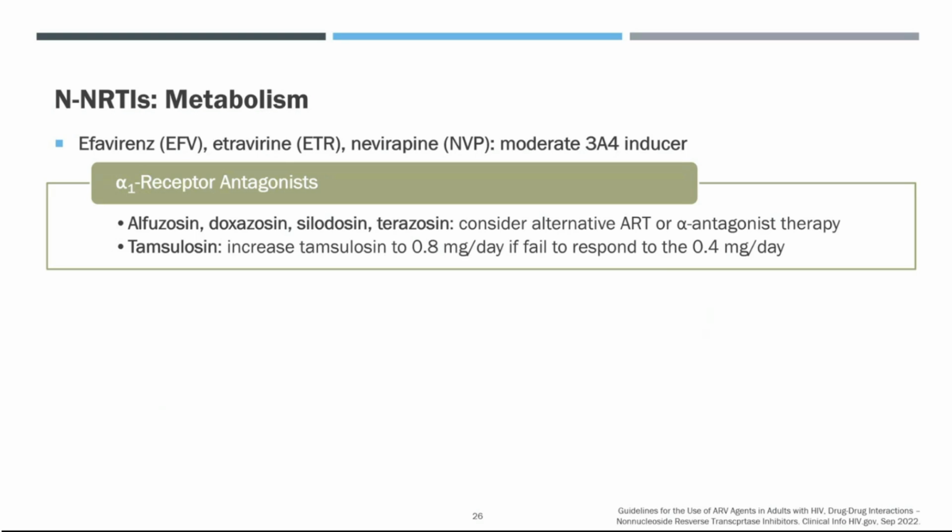In this case, you should consider using a different ART or switching them to a different alpha antagonist therapy. Versus for tamsulosin, you can actually increase the daily dose up to 0.8 milligram per day if they don't respond appropriately to 0.4 milligram per day.